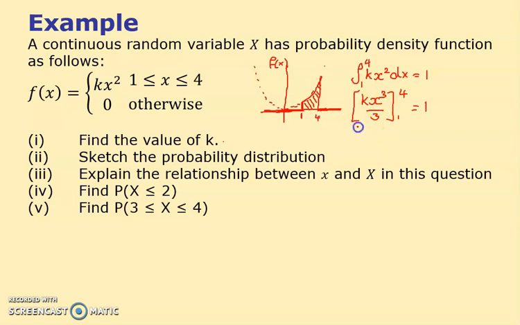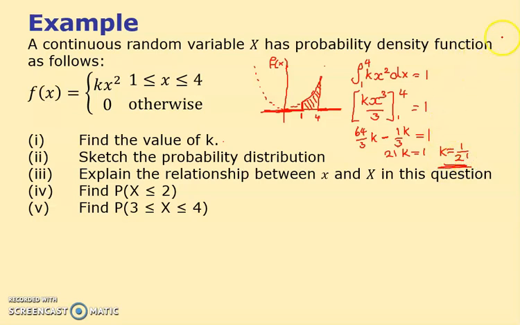Now if I put 4 in, I get 64 over 3k. And then I take away what I get when I put 1 in, which is 1k over 3. So you can see straight away that 64 minus 1 is 63, divided by 3 is 21. So that says 21k equals 1, or k equals 1 over 21. That's what I think it is anyway.